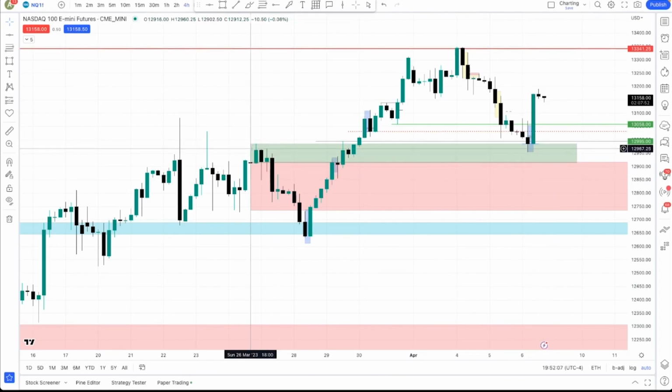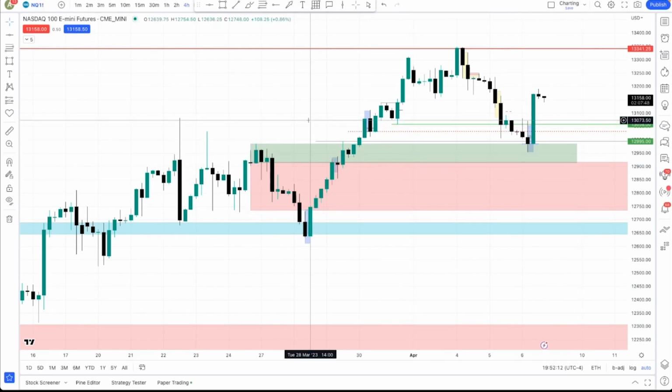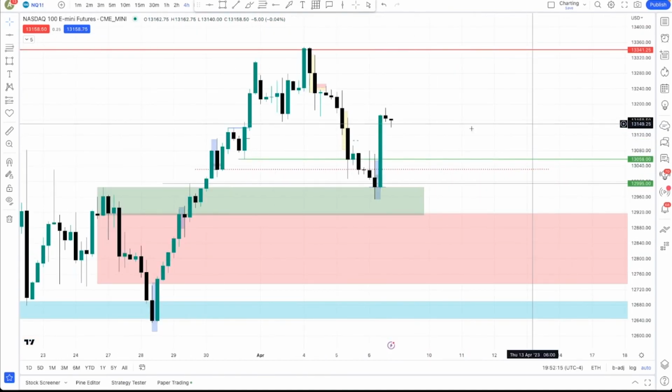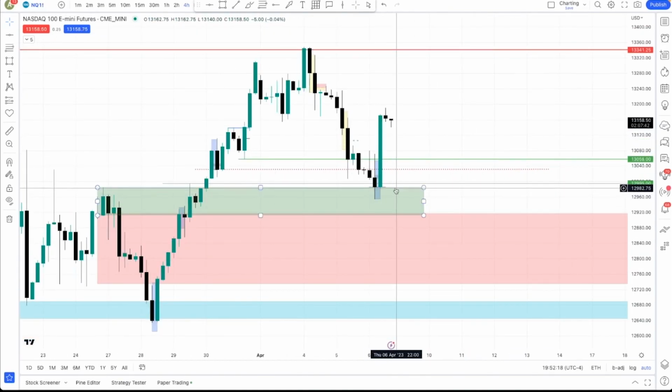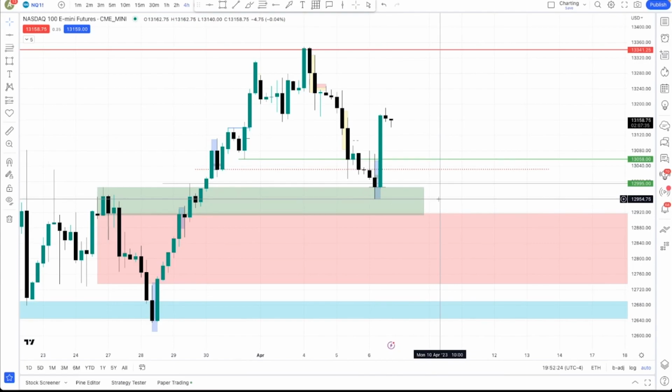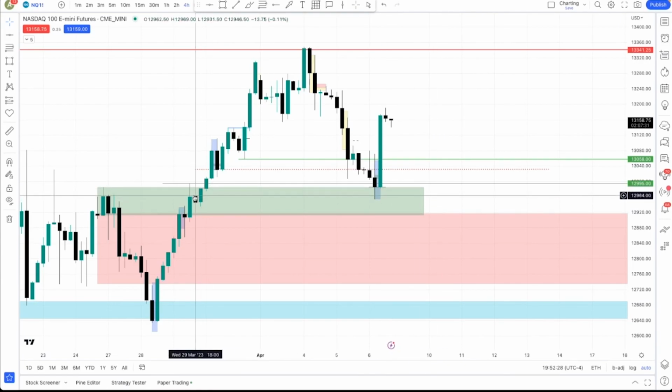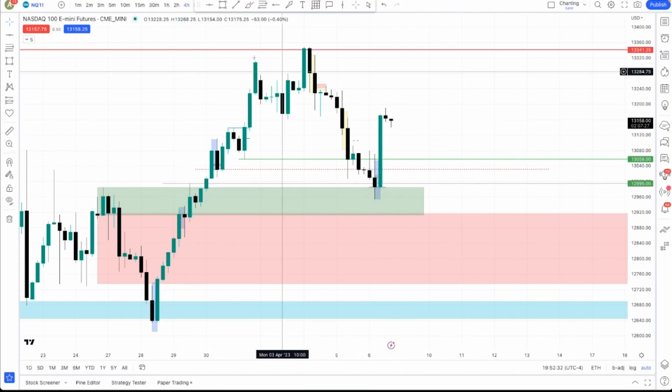Okay, but we need to consider this area of interest now. So what do we get on the 4 hour chart? We get price dipping down into this area. That is about the CE of this order block over here, and also digs into this breaker and wicks away.